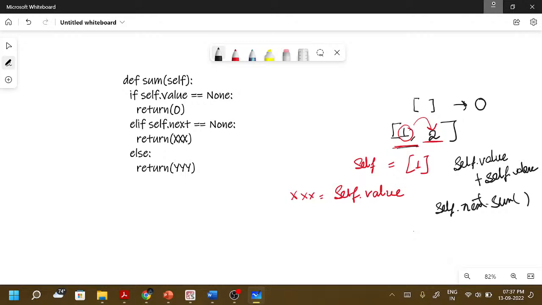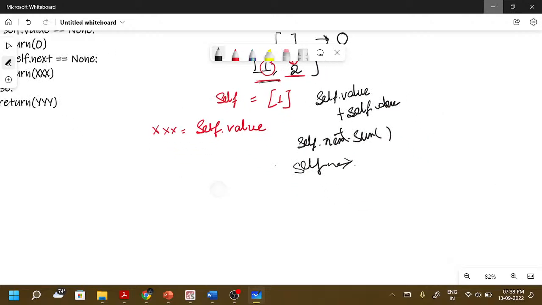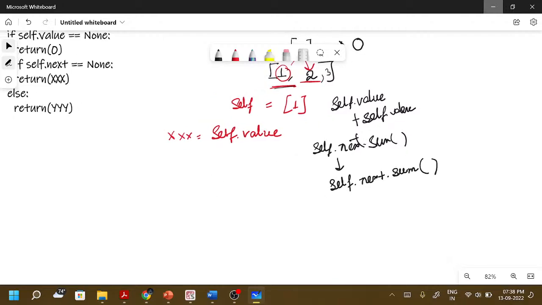If the next sum is not 0, then it will not return. Then again it will call self.next.next.sum. If it had a third number, say 3, then self.next.next.sum will be called again.